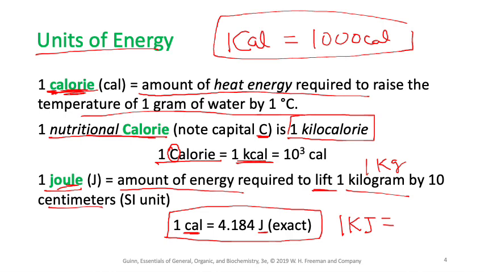So if I write 1 kilojoule, that's equal to 1,000 joules, because k is kilo. Similarly, if we have 1 kilocalorie with a small c, that means this is 1,000 calories. So you can also use these equivalencies to convert one unit into a different unit, right? So let's get to the next slide and try to solve some of the problems based on this concept that we just learned on this slide.